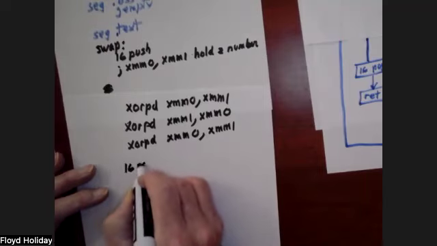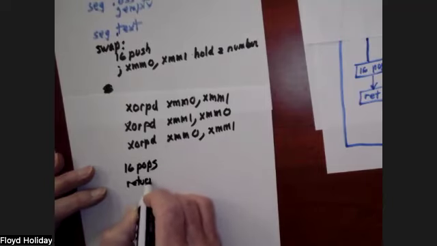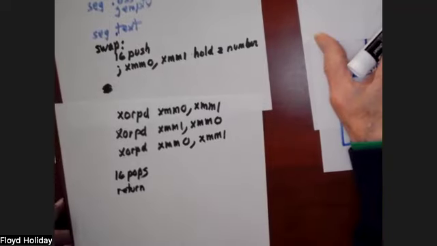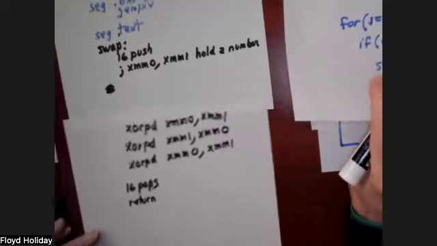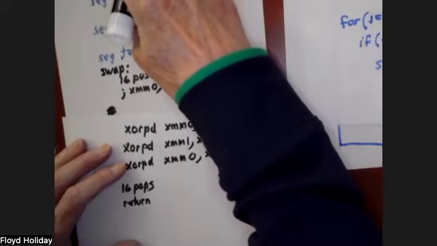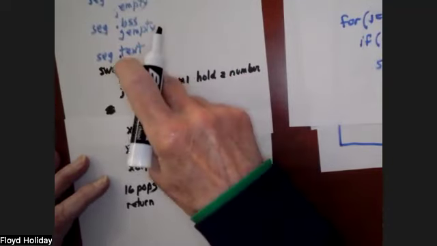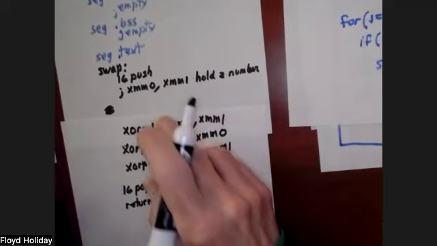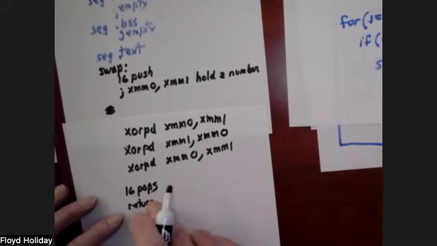Return. What I don't know, and I need some help: here's the function swap. These two arrive as passed-in data. We swap their values.